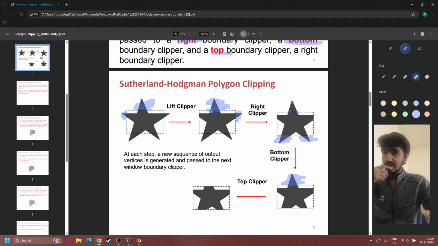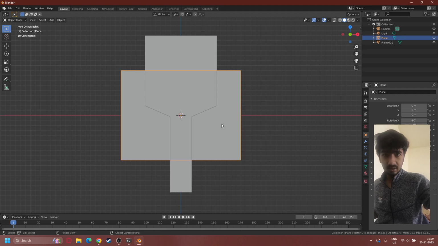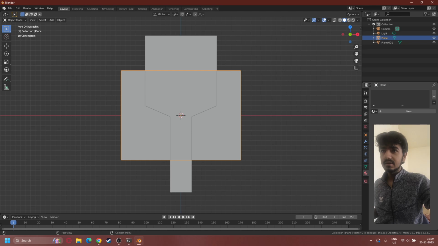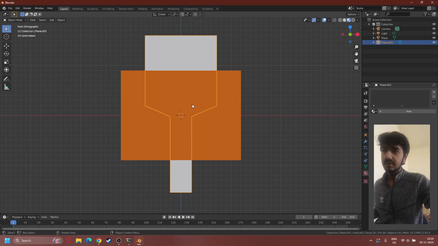And now let's take up an illustrative example right here as well. Suppose this part is my clipping window. I'll assign a different material to it so that it can be easily identified. Okay, so that part is our clipping window and this is our polygon. Now left portion first. There is nothing on the left that is outside the bound, so it doesn't need to be removed.